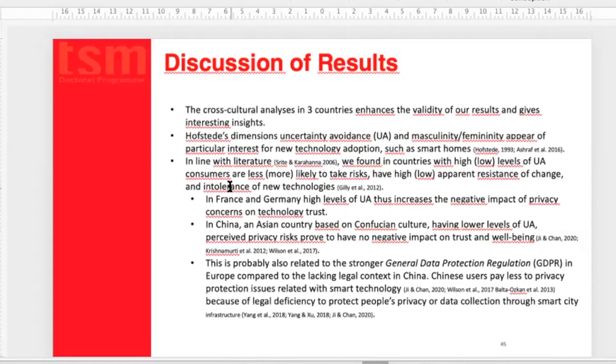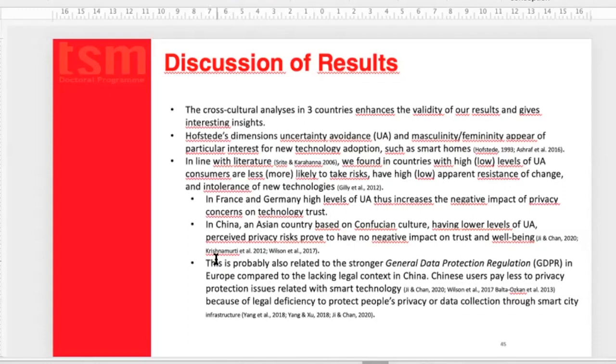Whereas in China, an Asian country based on Confucian culture, having lower levels of UA, perceived privacy risks prove to have no negative impact on trust and well-being. And this is also in line with literature. And this could be also explained by the legal context, because in Germany and France and Europe, we have the General Data Protection Regulation, which is a legal context which is lacking in China.